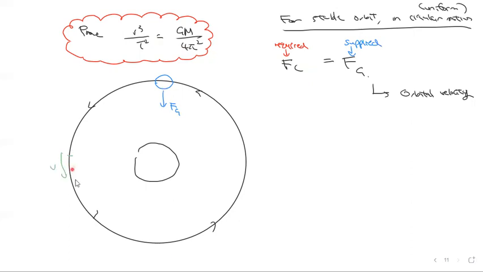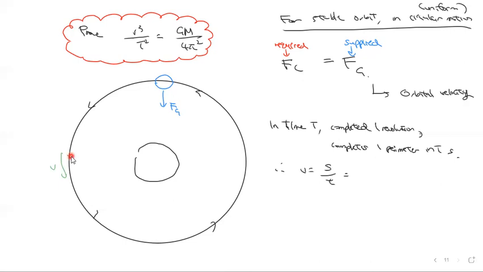And if you think about it, in time t, in a period, you have completed one revolution, which means that the planet completes one perimeter in t seconds. So therefore, velocity is displacement over time, but displacement is 2 pi r, being the perimeter of the circle, divided by the period.